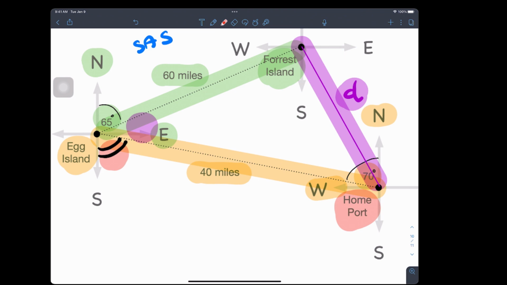Well, is that 70? So you're saying this measures what? 70 degrees. Why would you say that measures 70?